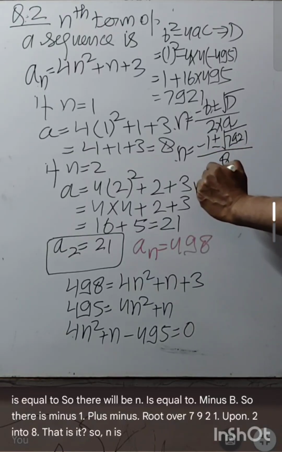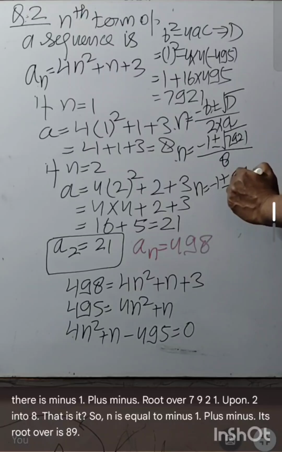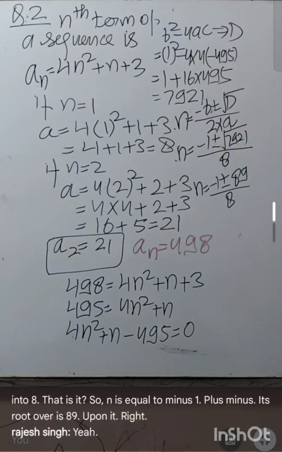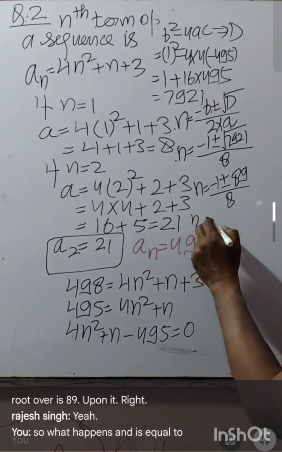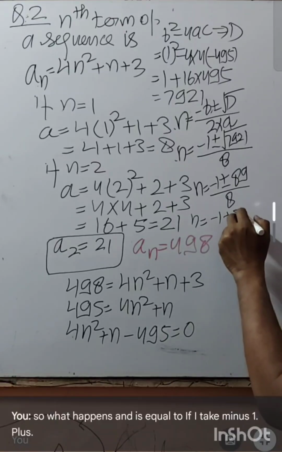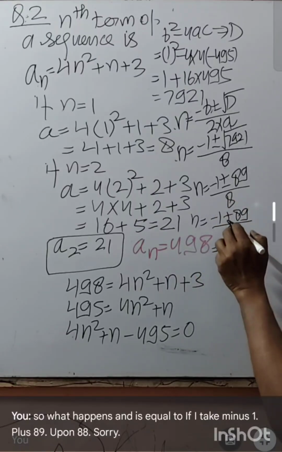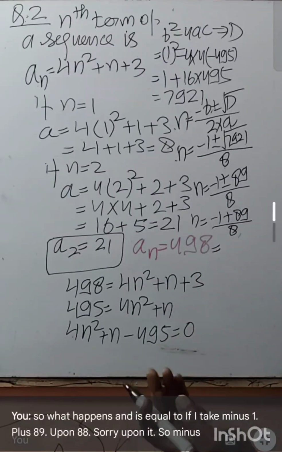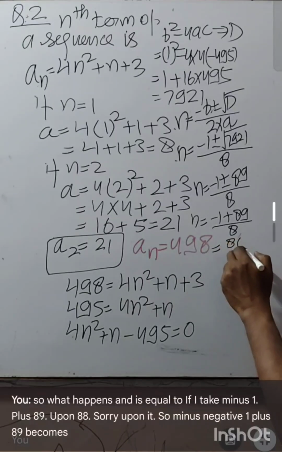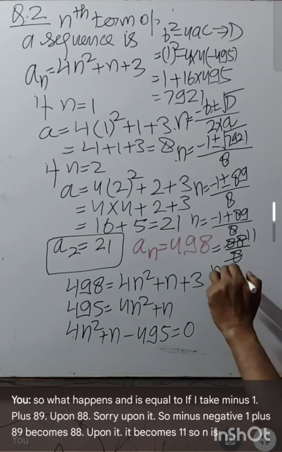So n is equal to minus 1 plus minus, its root over is 89 upon 8. Right? So what happens? N is equal to minus 1 plus 89 upon 8. So minus 1 plus 89 becomes 88 upon 8. It becomes 11. So n is equal to 11th term.